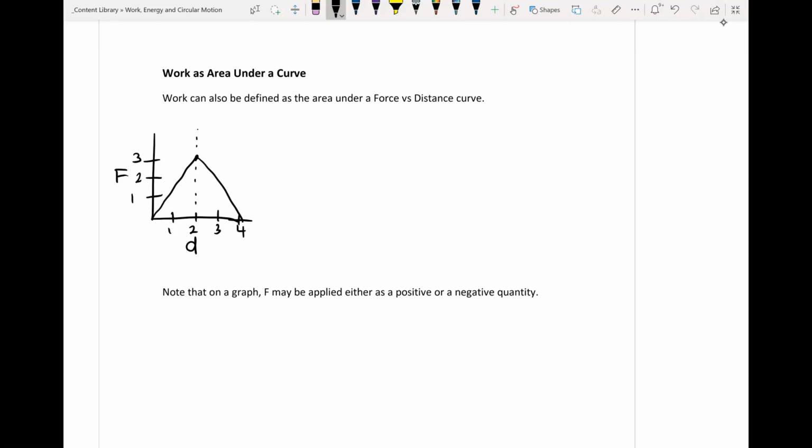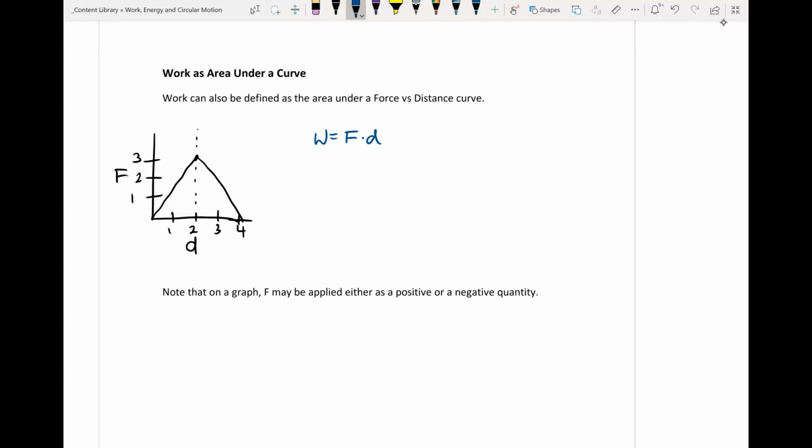So here is our force versus distance curve. If we want to find work, we know that work is force multiplied by distance. And we can find this if we look at the area underneath the curve.